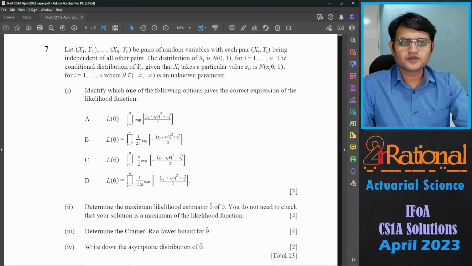Question number 7. Let x1, y1 to xn, yn be pairs of random variables with each pair xi and yi being independent of all other pairs.